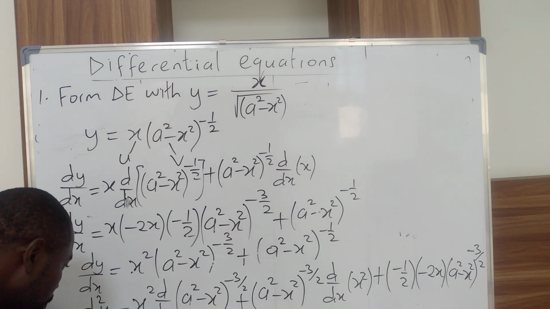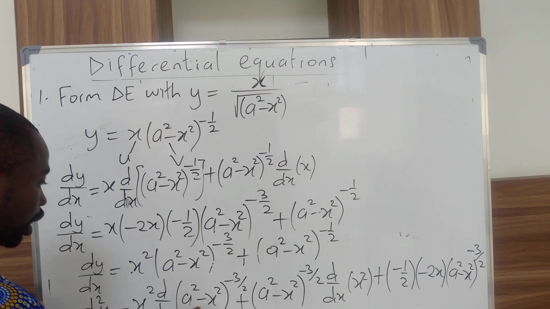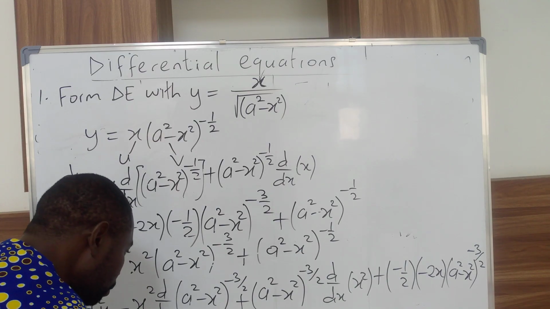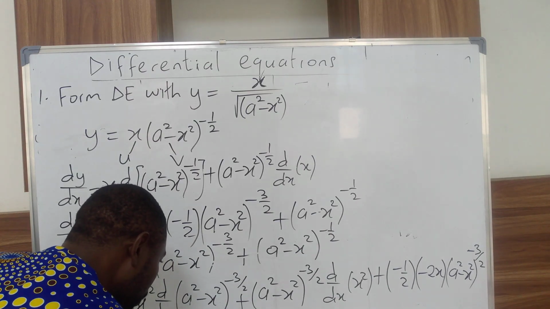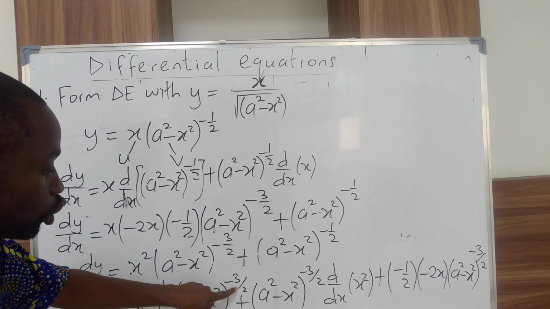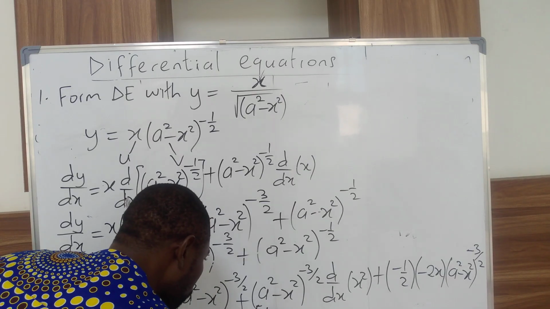That will be minus 3 over 2. Differentiate a squared minus x squared. That will give us minus 2x. Then you write this again, a squared minus x squared, and you now minus 1 from this power. Minus 3 over 2 minus 1 will give us minus 5 over 2.